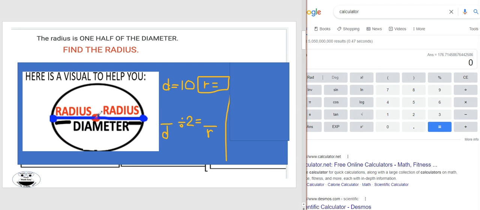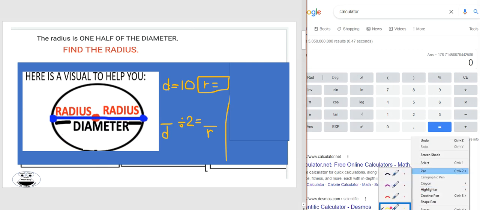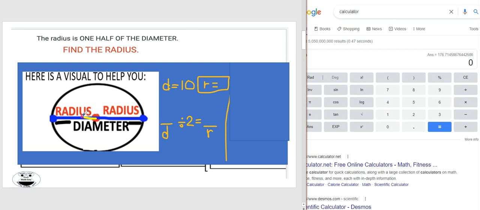So this is a radius from here to here. And then the other side, from the center to the end, is the other radius, and there are infinitely many radii. So we see here the relationship: the diameter is twice the radius, or the radius is half the diameter.